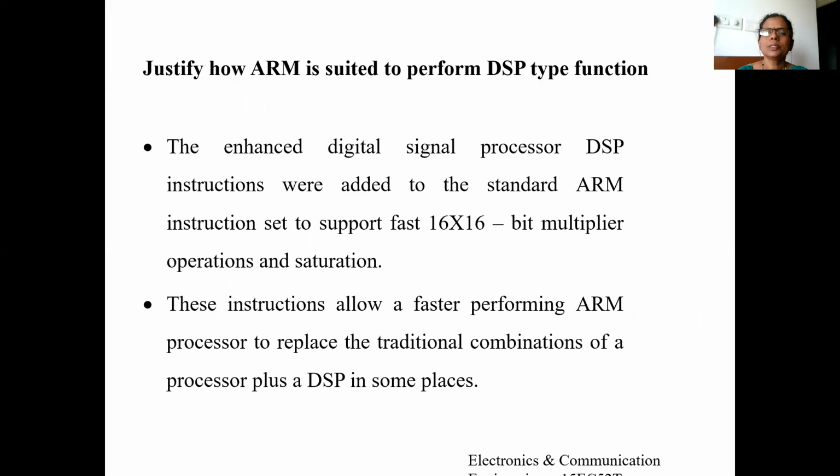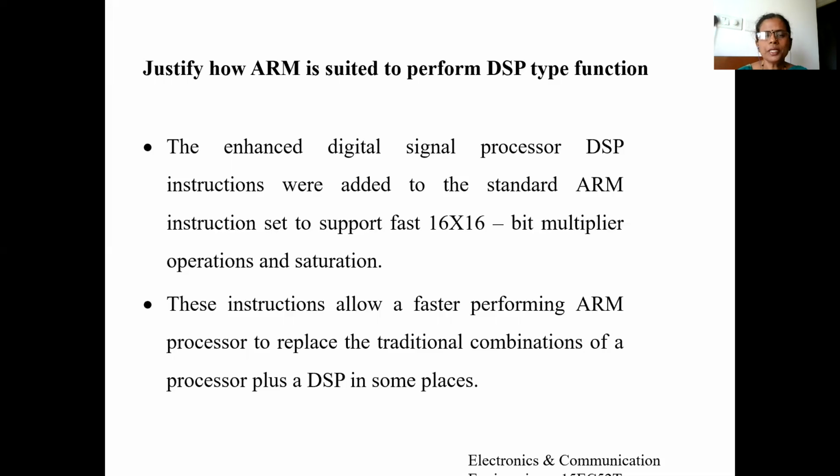Justify how the ARM is suited to perform DSP type of function, digital signal processing. The enhanced digital signal processor instructions were added to the standard ARM instruction set. In the fourth slide, I told ARM is going to execute the ARM instruction set and the thumb instruction set. Here is one more feature it has got.